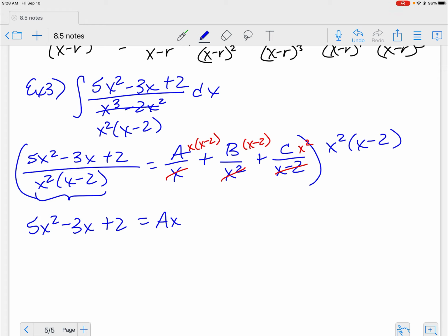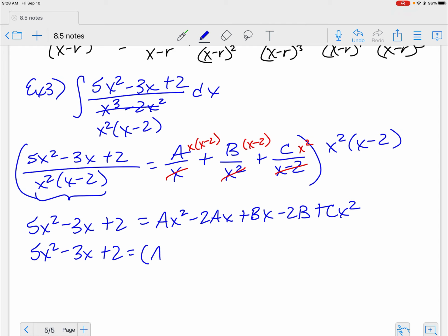All right, I'm going to go ahead and distribute this Ax just to move this process along a little bit faster. So you've got Ax squared minus 2Ax plus Bx minus 2B plus this Cx squared. Now combine up. 5x squared minus 3x plus 2. You've got A and C, that are your coefficients there.